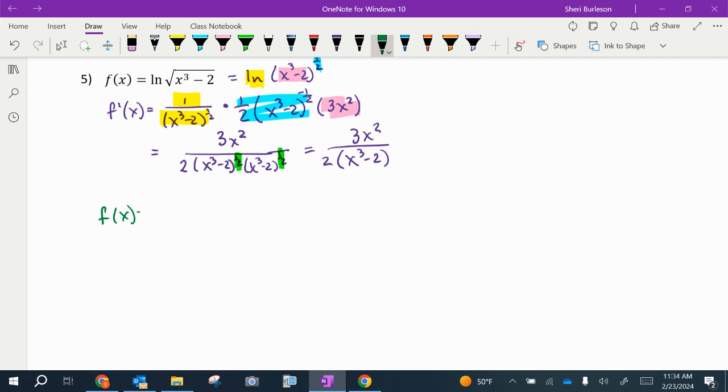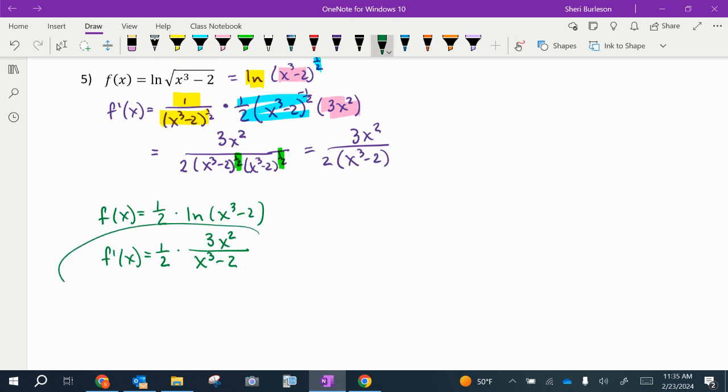Instead of saying f of x is the ln of (x cubed minus 2) to the 1/2, I'm going to bring that 1/2 exponent out front times the natural log of x cubed minus 2. And now I don't even need a product rule. This is a constant multiple. So the derivative is going to be 1/2 times the derivative of the natural log, which is 1 over x cubed minus 2. And then the derivative of the inner function goes on top.